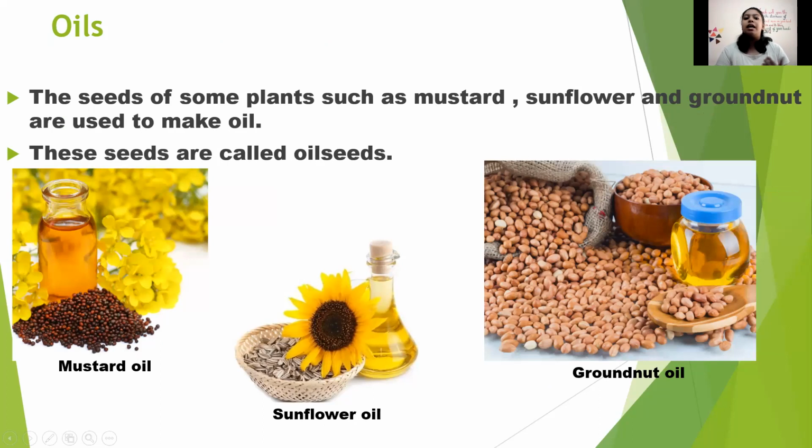So let's see again, what are the plants? Mustard, sunflower and groundnut are used to make oil, and these are called oil seeds. So mustard oil, sunflower oil and groundnut oil, as you can see in the picture, all these plants are used to make oil.